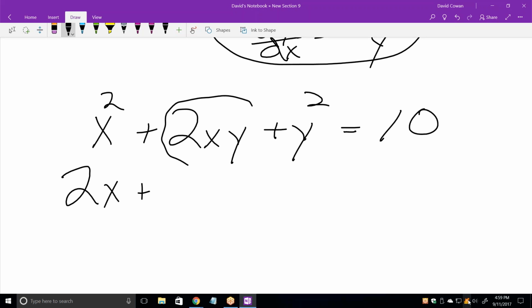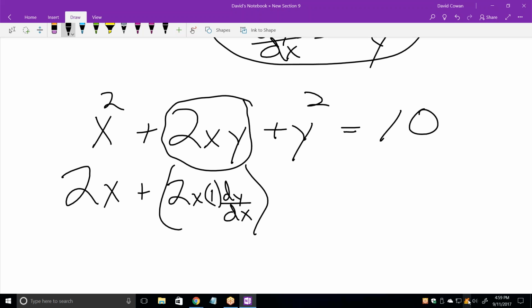On this, we got to use the product rule. So start with 2x. That's u. Times. What's the derivative of y? Just 1, times dy/dx. Because it's y, which is a different variable than x, I have to follow that with that.